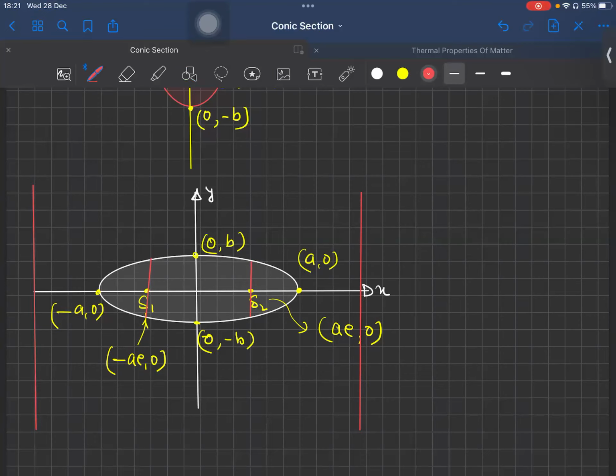So the equation of directrix is x is equal to minus A upon E, and this is x is equal to A upon E. Okay. What is the equation of latus rectum? It is passing through the point AE, so x is equal to AE. Here it is passing through, x is equal to minus AE. That will be your latus rectum. Understood or not?